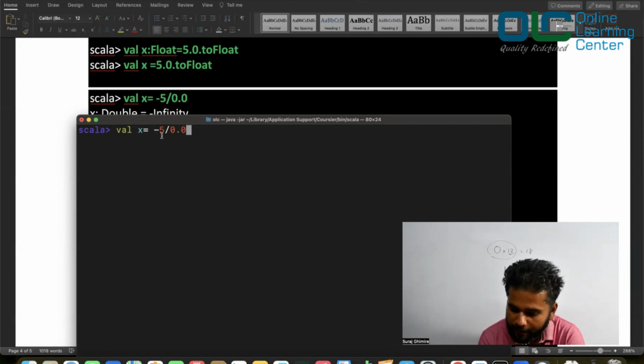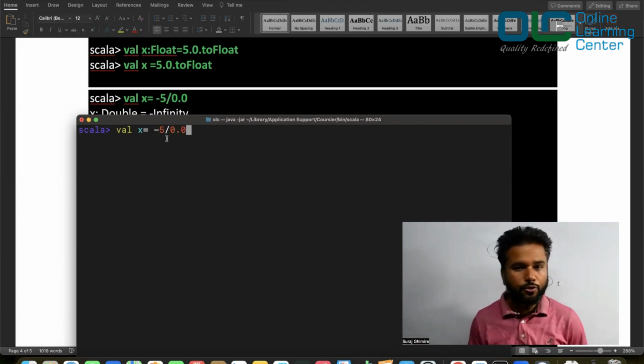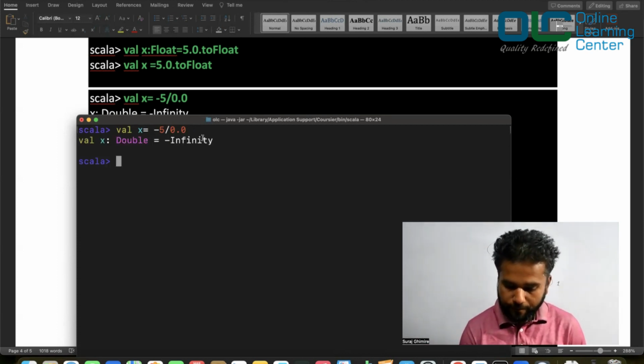The data type of minus 5 is integer. What is the data type of 0.0? Not float, it's double, right? So this is double, and since it is double, the whole output would be of double type. But if you try to divide a number by 0.0, it will give you infinity.